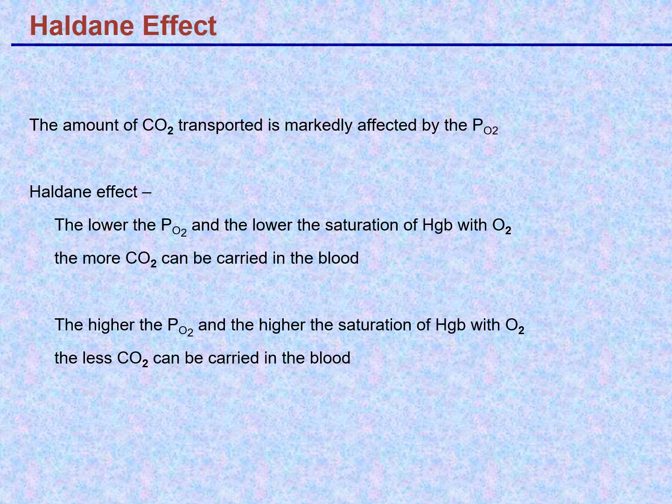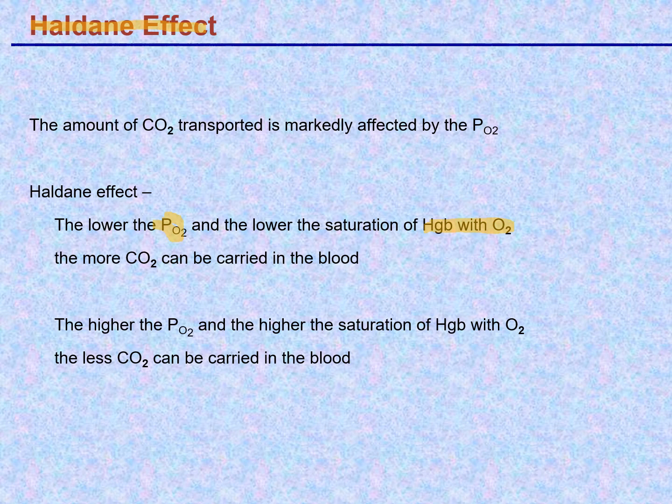If the PO2 surrounding the blood, red cells, or hemoglobin is lower, then hemoglobin releases its oxygen. If it's higher, then it takes up oxygen. For carbon dioxide, there is a physiological effect called the Haldane effect. And in this case, the lower the PO2, and remember with lower PO2, you also have lower saturation of hemoglobin with oxygen, it releases its oxygen.